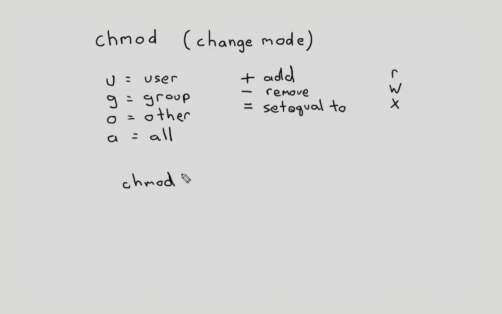To show you an example here, we could say chmod, let's say user plus execute /file. And what that would do is add the execute permission just for the user to /file. Now let's say we said G minus W. That would remove the write permission.